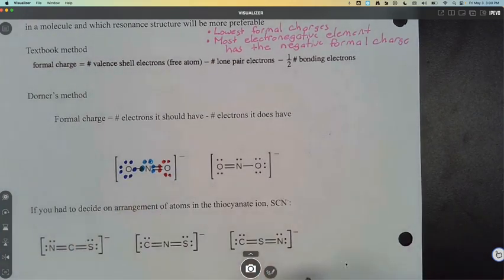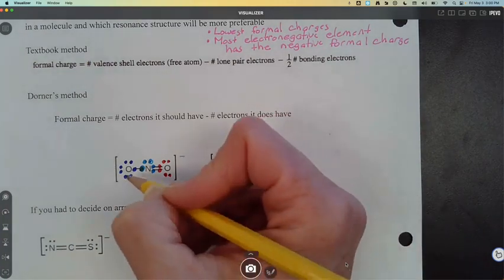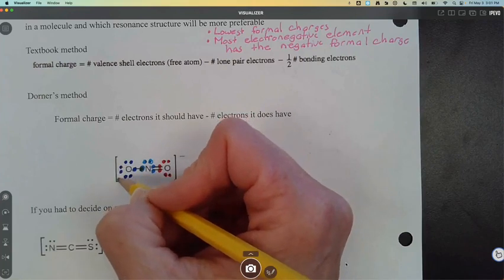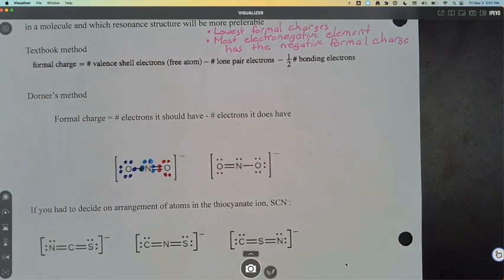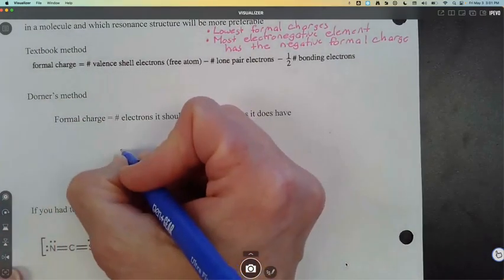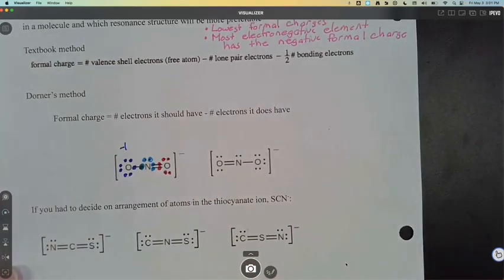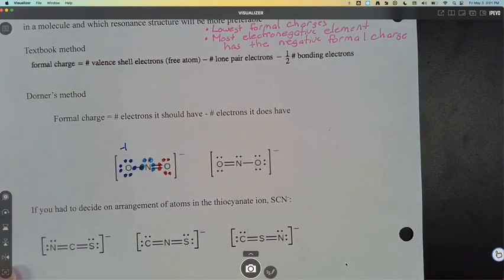This oxygen should have 6 valence electrons. At the moment, it has 1, 2, 3, 4, 5, 6, 7 valence electrons. If something has 1 more electron than what it should, then that thing is -1. And now I deal with the nitrogen.